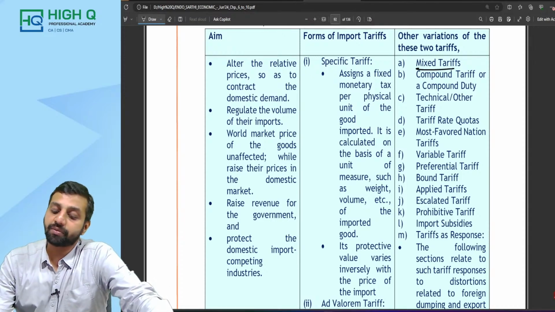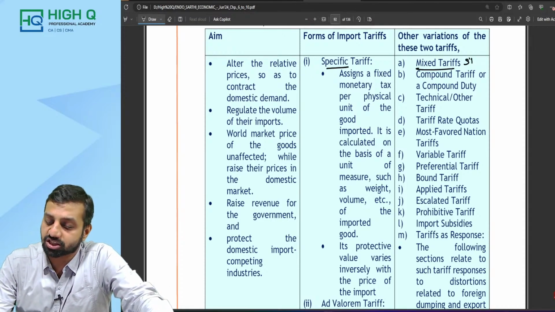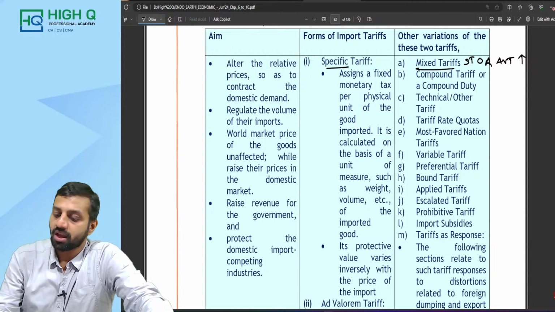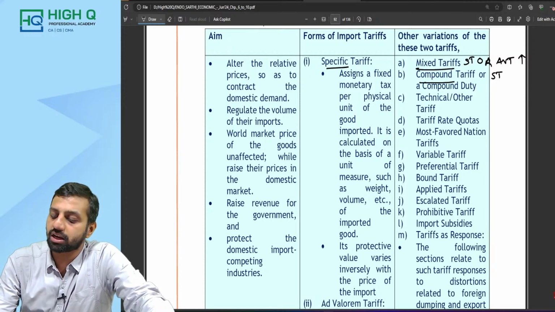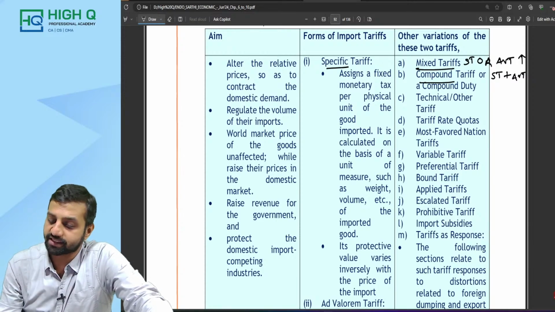Mixed tariff, either specific or ad valorem, whichever is higher. Compound means specific plus ad valorem, both taxes.